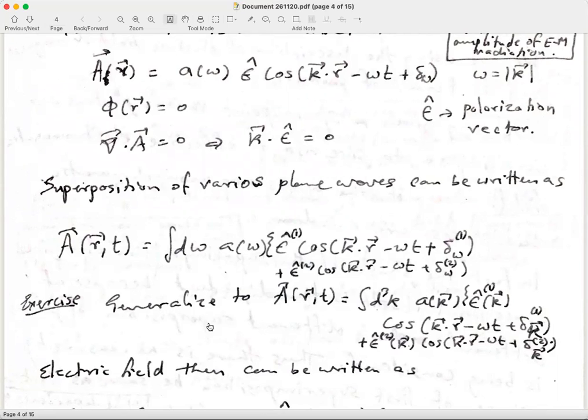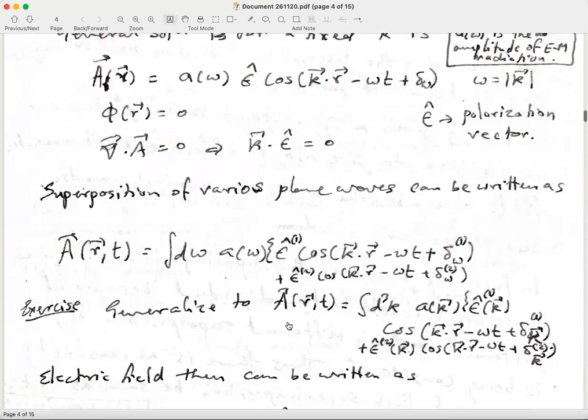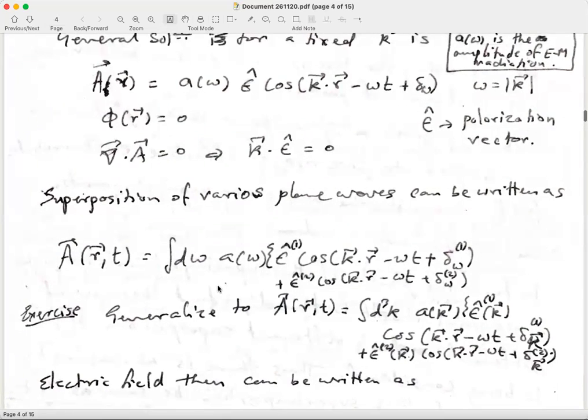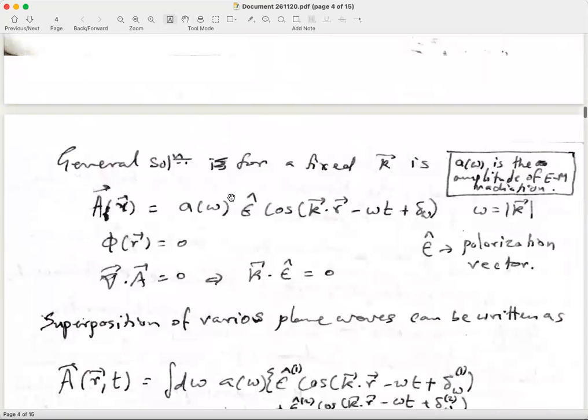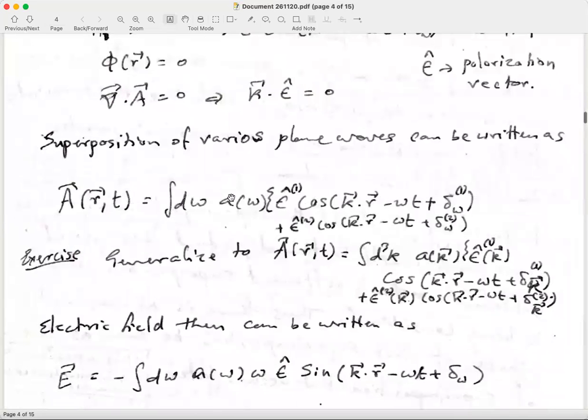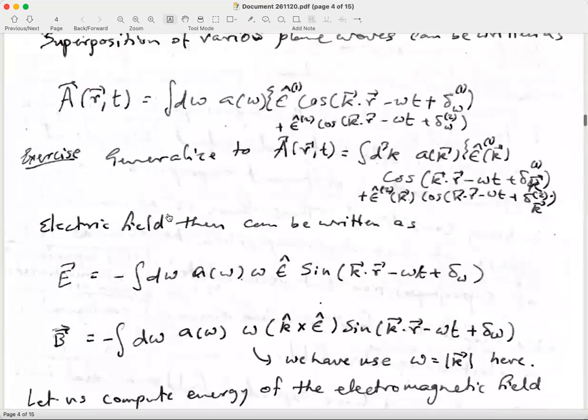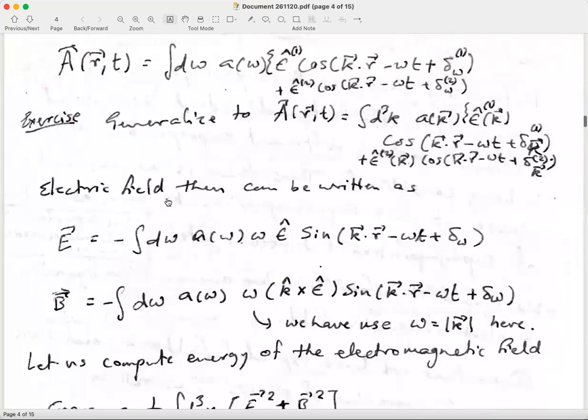You can check that this also can be done, and it would still guarantee that it's a solution to this equation. Fine.